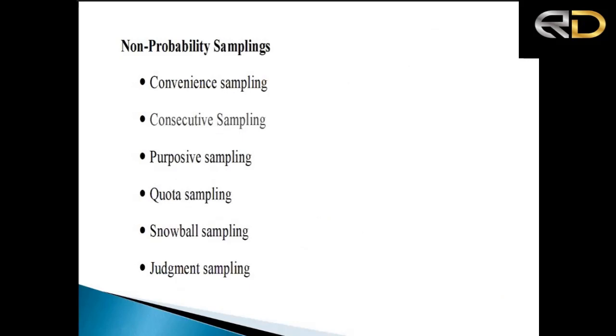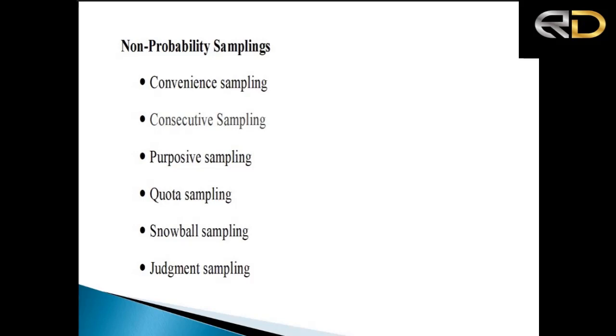Now very quickly we come to non-probability sampling. In social sciences, it is very much applied. We will be discussing convenience sampling, consecutive sampling, purposive sampling, quota sampling, snowball sampling, and judgment sampling. In convenience sampling, we take the observations on the units according to our convenience.